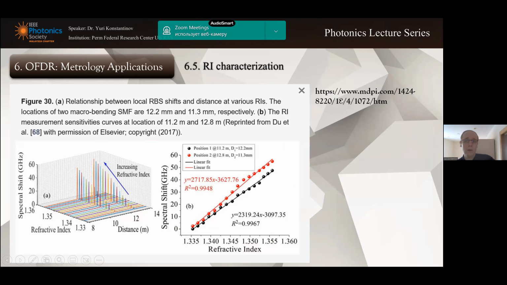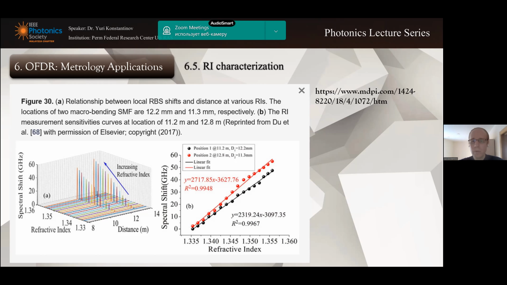Another popular application of the OFDR setup is the refractive index characterization. They use the relationship between the correlation function of the backward Fourier transform of the signal and distance, and they use this relation to get the refractive index at every point.